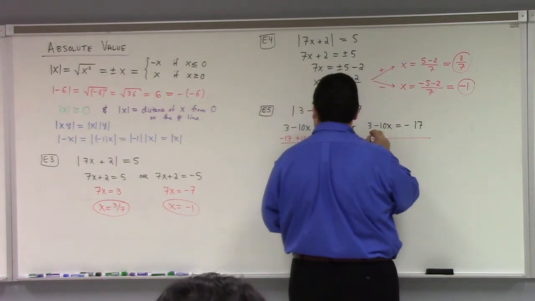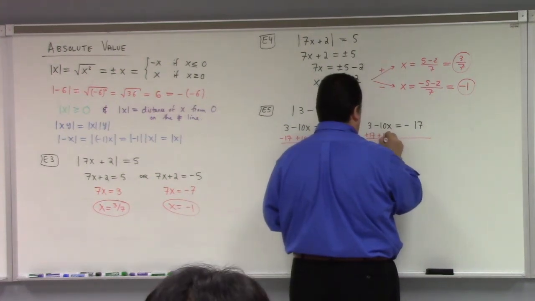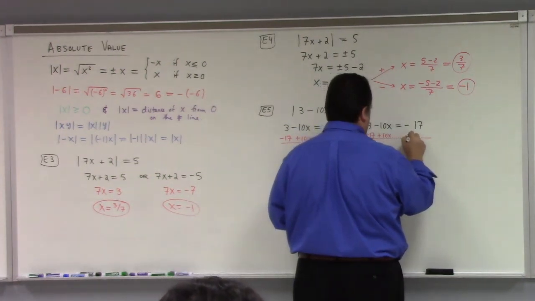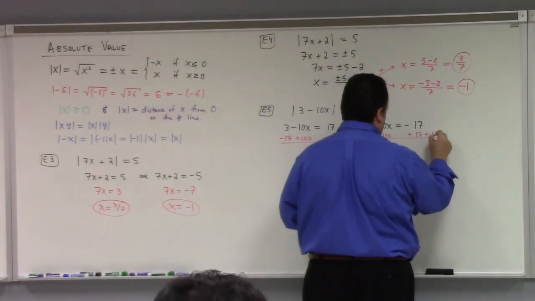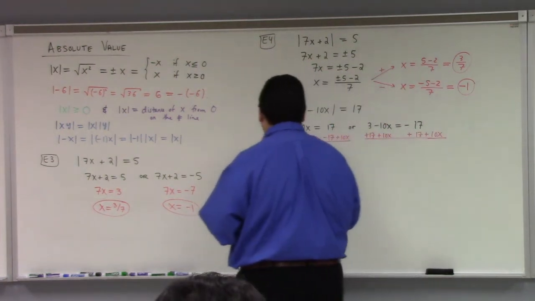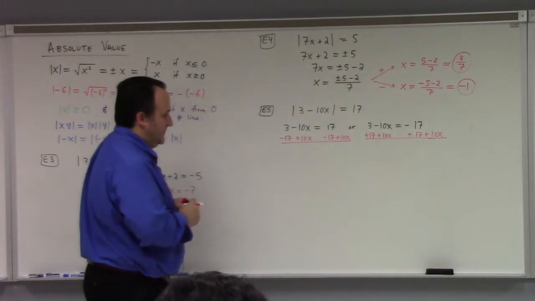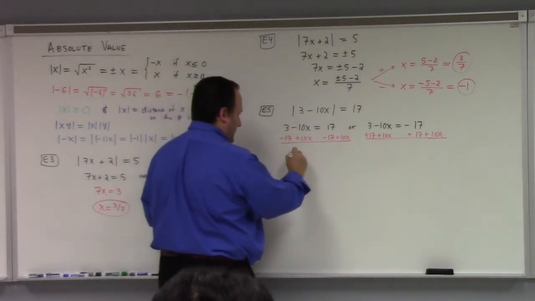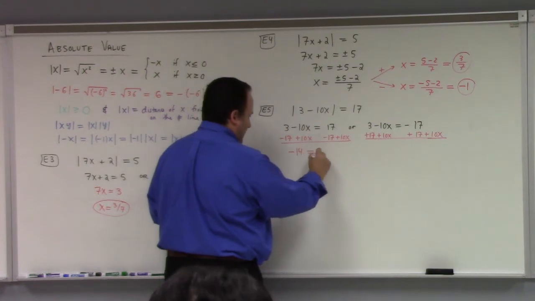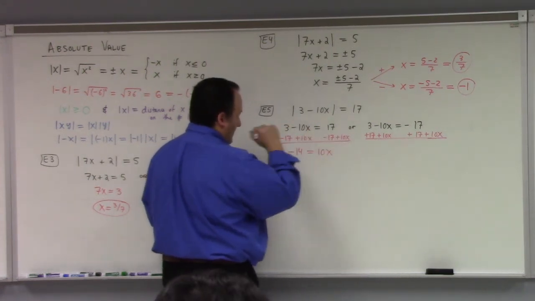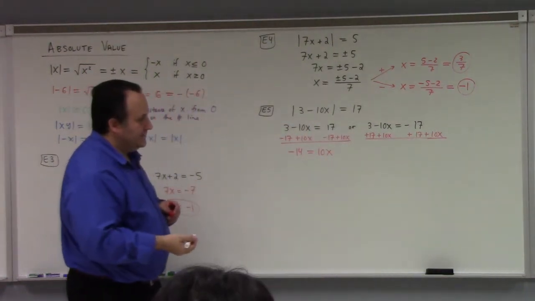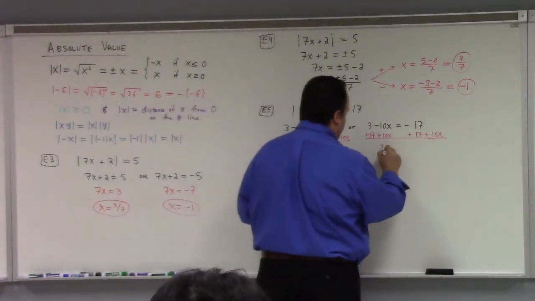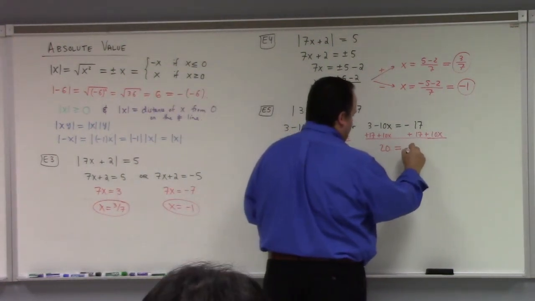Over here, I'll add 17 and add 10x. The algebra goes a little bit differently. That gives me minus 14 equals 10x. That one gives me 20 equals 10x.